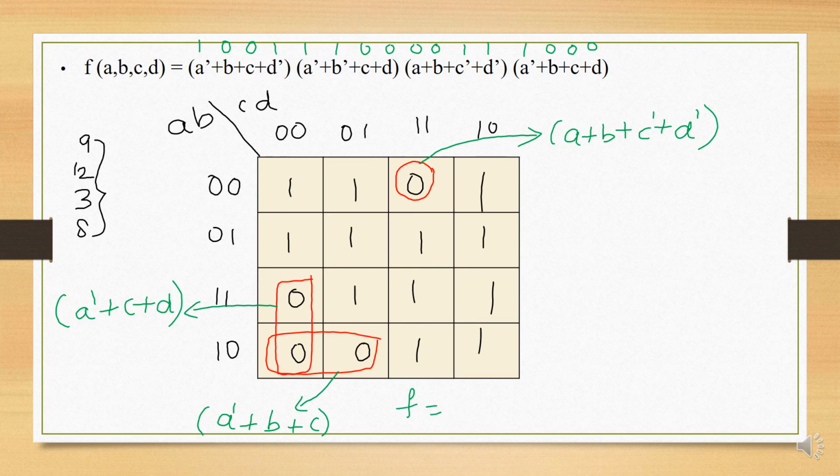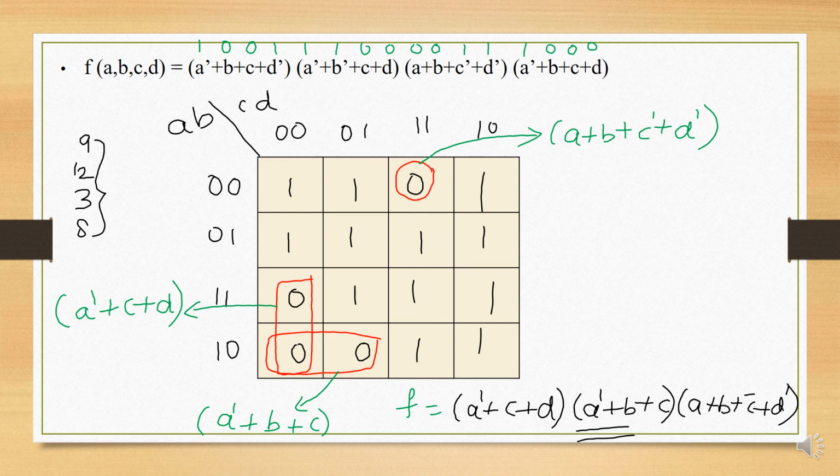So let's write the simplified expression now. The simplified POS expression will be F equal to (A bar plus C plus D) dot (A bar plus B plus C) dot (A plus B plus C bar plus D bar). So this is the simplified POS expression.